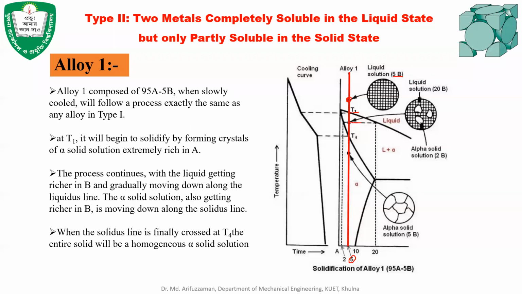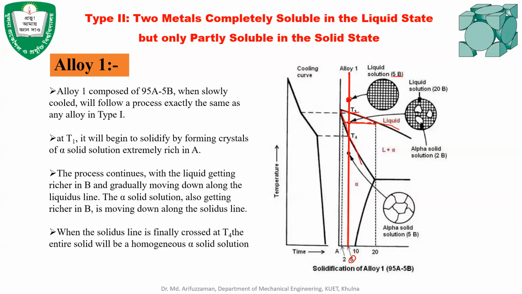In that case, we need to draw the tie line, right? The tie line is a horizontal connecting line between the solidus line and the liquidus line. So this is the liquidus line in here, and this is the solidus line in here. The tie line will be in between them at this temperature.